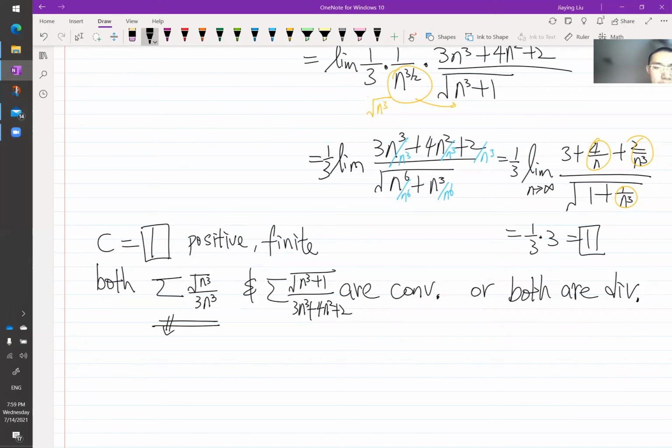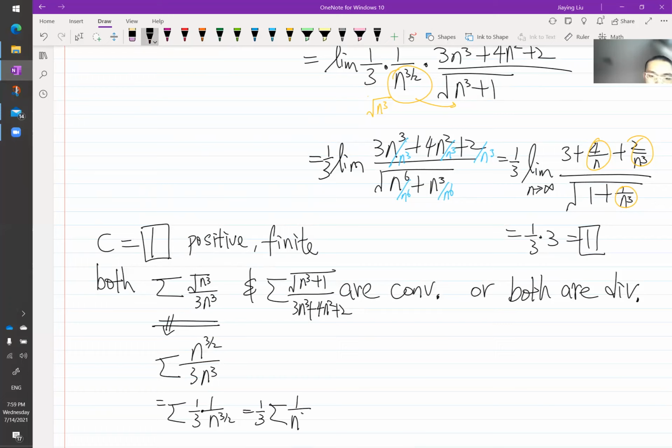Because if we take this one, we simplify this fraction, so that becomes n to the 3/2 divided by 3n cubed. So that's 1/3 times 1 over n to the 3/2. And from here, for this simpler series, the 1/3 you can bring outside.